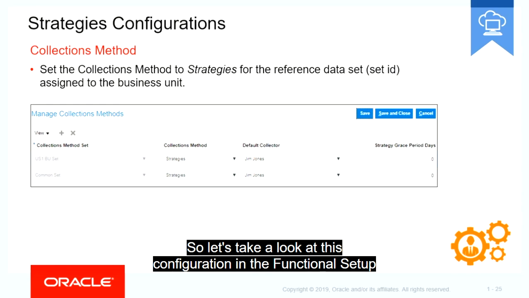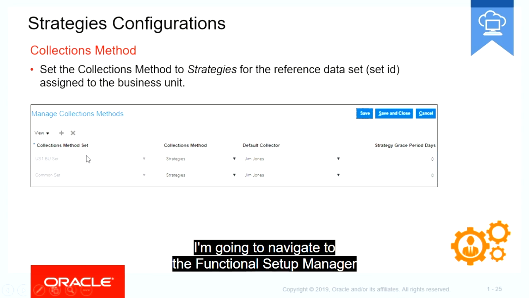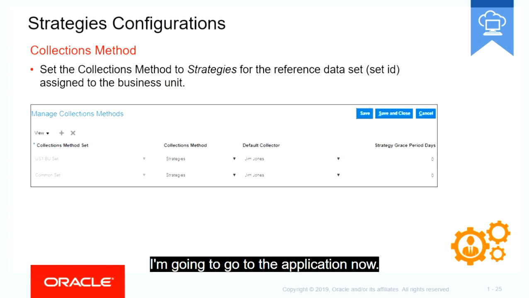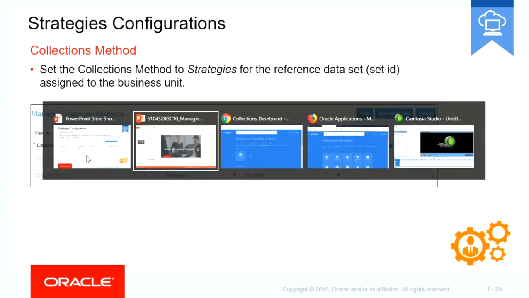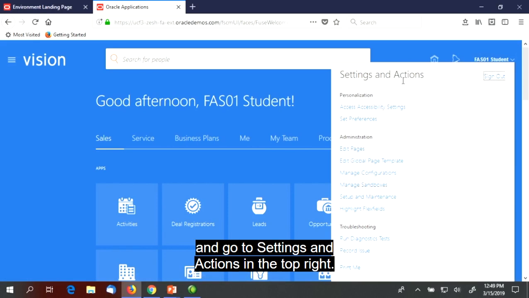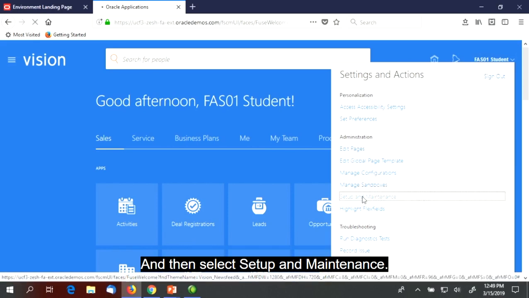So let's take a look at this configuration in the Functional Setup Manager. I'm going to navigate to the Functional Setup Manager and look for this implementation task, Manage Collections Methods, so that we can take a look. I'm going to go to the application now. So from the home page, I'm going to take a shortcut and go to Settings and Actions in the top right, and then select Setup Maintenance.